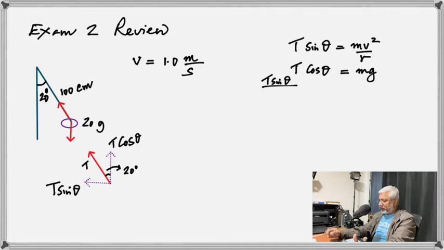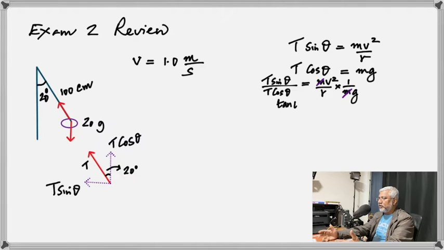You have to know that this centripetal force is given by the formula mv squared by r. That's what you see there. Next, I'm dividing the first equation by the second. The idea behind dividing is to cancel the T off. You can cancel the T, and that leaves you with sine theta by cosine theta, which is actually tan theta.